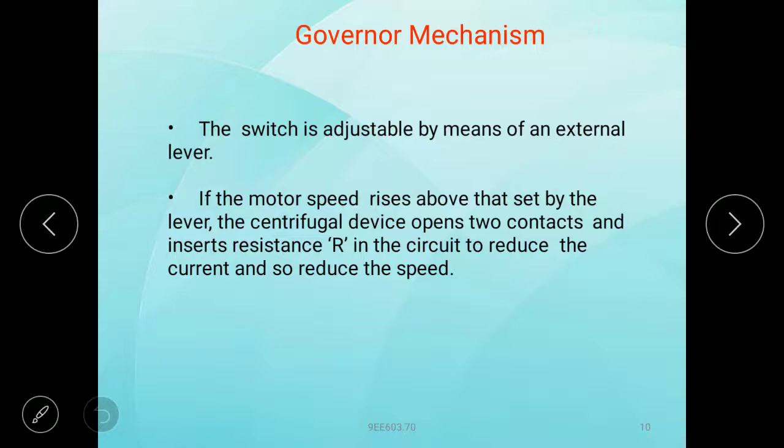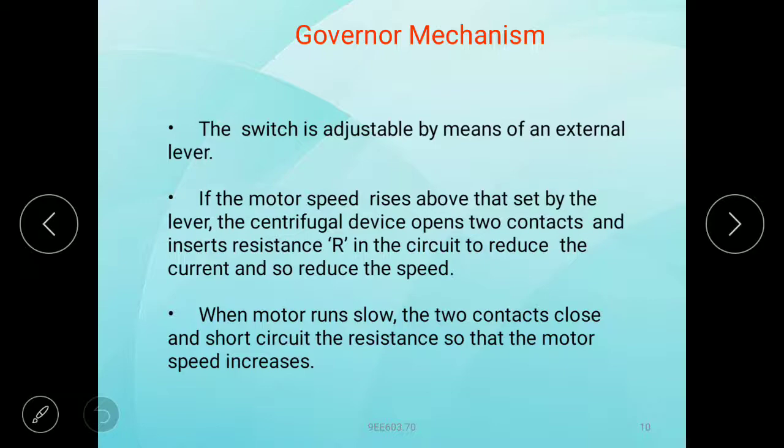When the motor runs slow, the two contacts close and short circuit the resistance so that the motor speed increases.